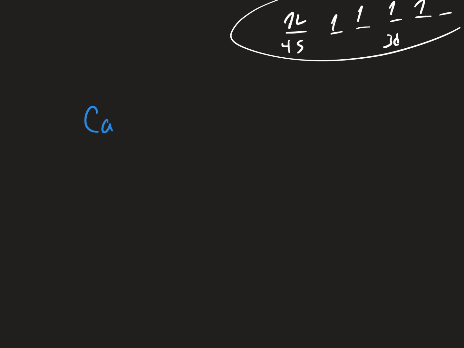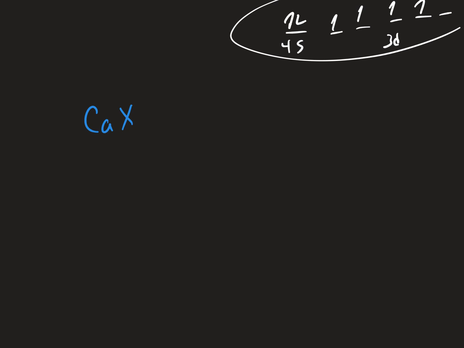Ca X. Okay? So we have a compound CaX. Is this an ionic compound or covalent compound? How do you know it's an ionic compound? Because it has a metal in it, right? Okay.